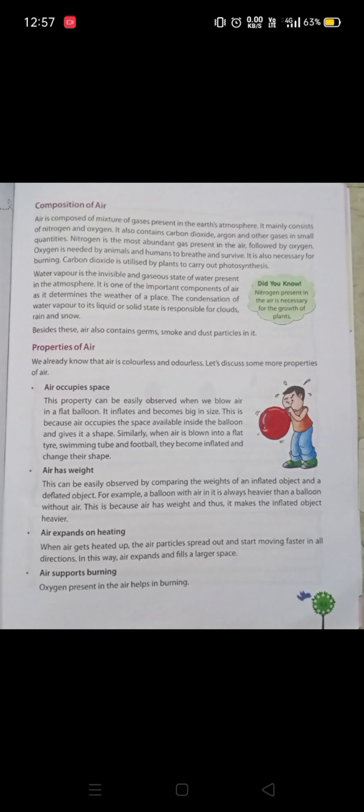For example, a balloon with air in it is always heavier than a balloon without air. You take both in your hands and compare. This is because air has weight and thus it makes the inflated object heavier. The inflated one will become a little heavier, because balloons are actually very light.